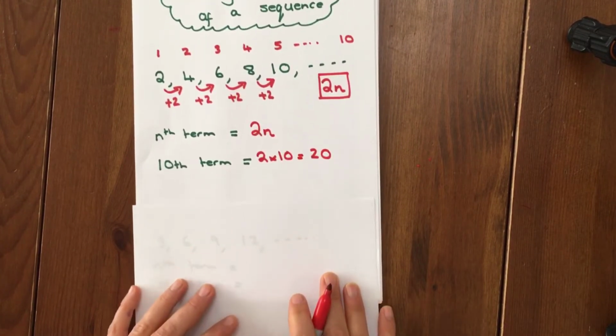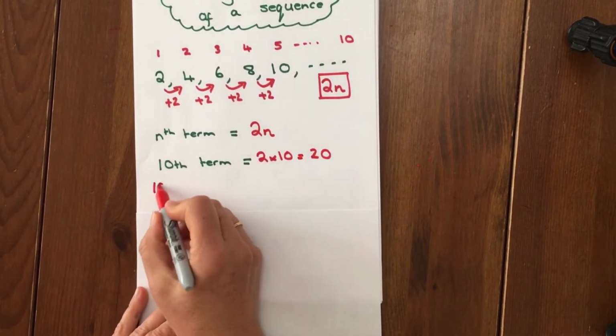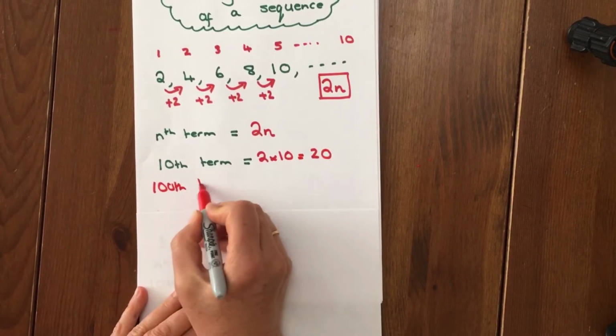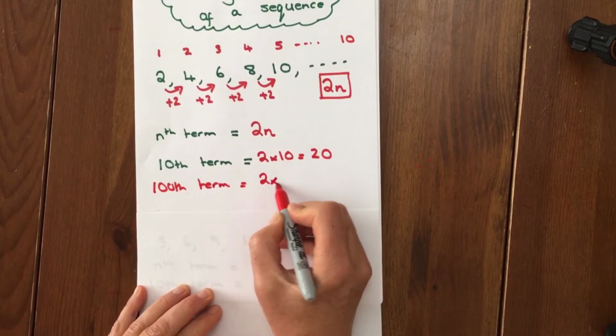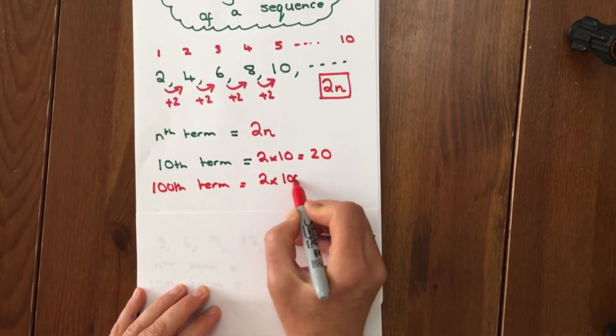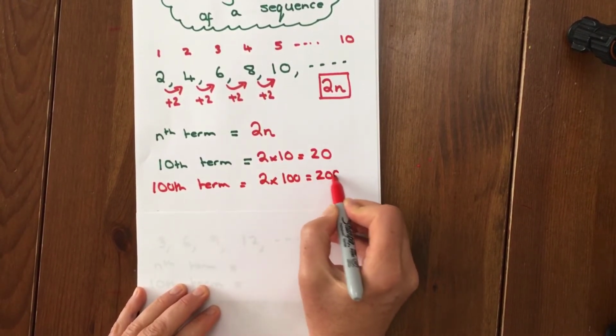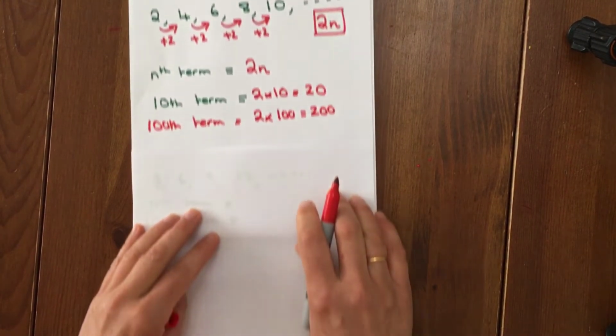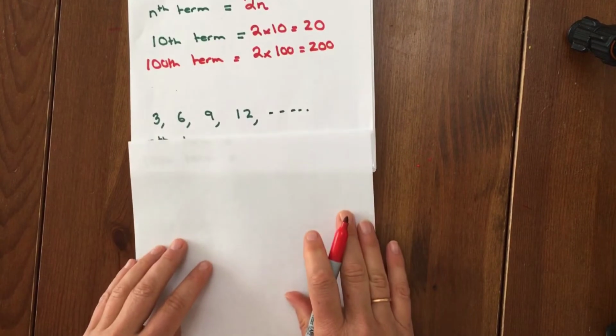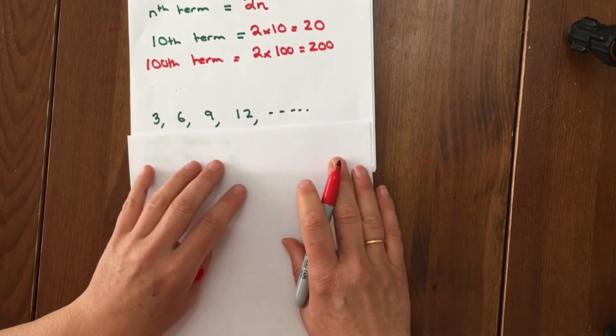If I wanted to find the 100th term, all I do is I put n equals 100 into my rule and I would get 200. So let's look at a similar example, but with a different sequence.